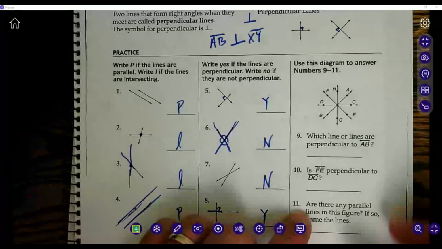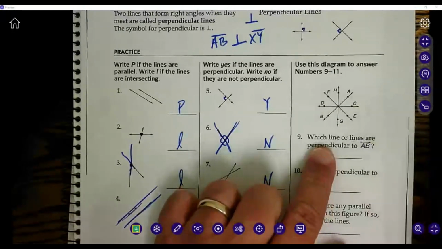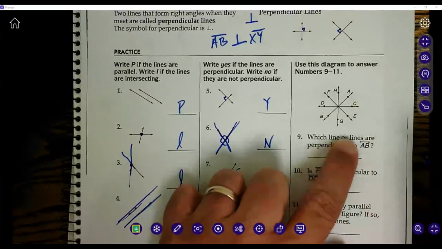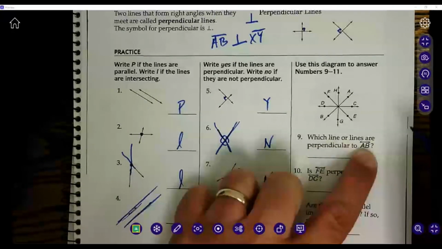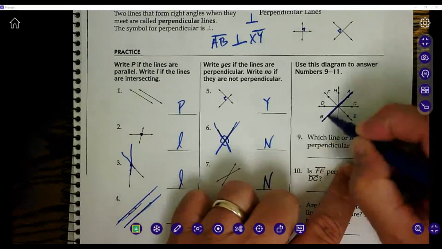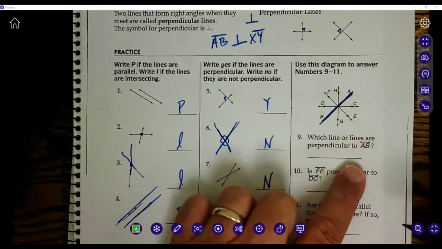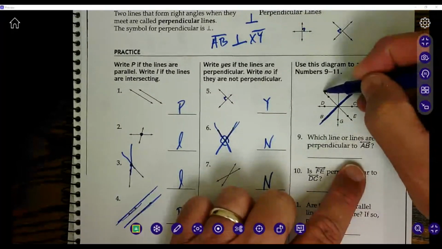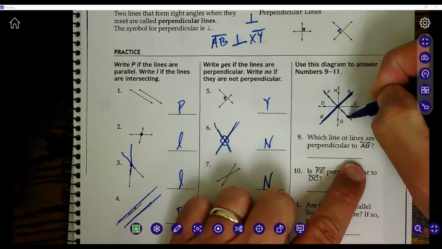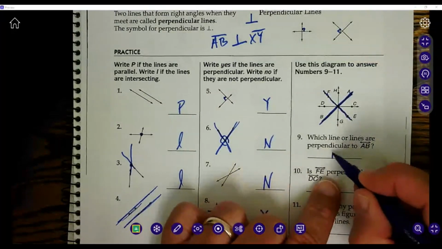For 9, 10, and 11, it wants us to look at this diagram and then answer these questions. The first question says, which line or lines are perpendicular to AB? So I'm going to draw AB. There is only one line that is perpendicular to AB. The only one that would form a right angle would be this one here, which is line FE.